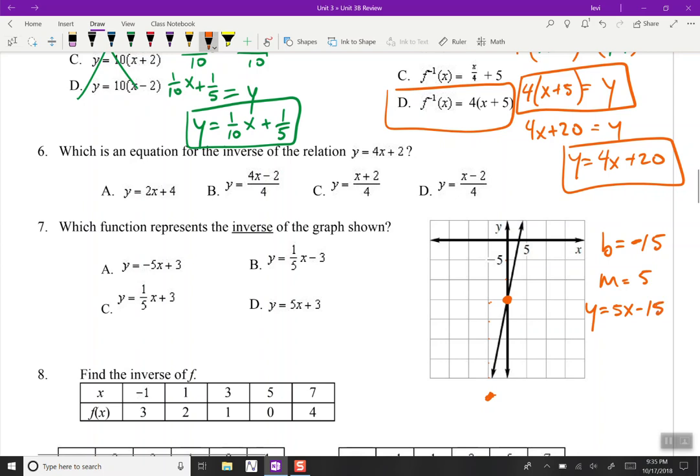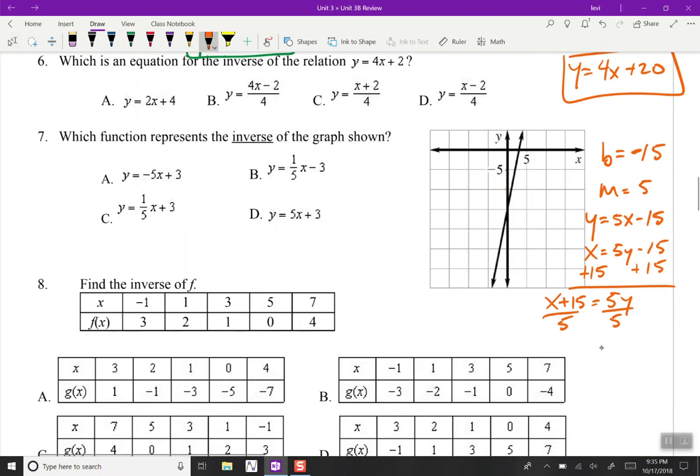So the inverse of this would be x equals 5y minus 15, add 15, x plus 15 equals 5y, divide by 5, and that's y equals 1/5 x, and 15 divided by 5 would be 3. So 1/5 x plus 3. Right there.